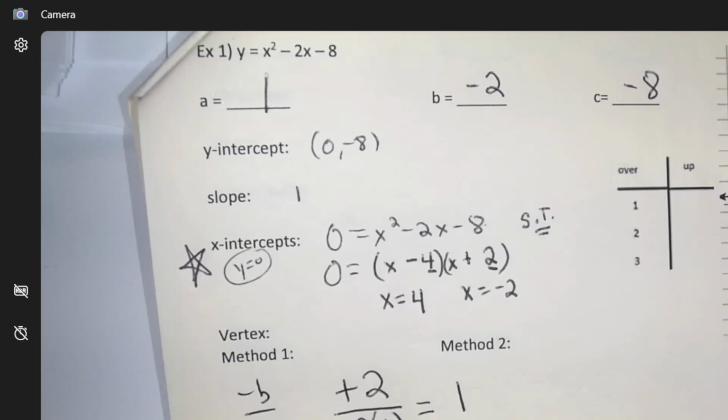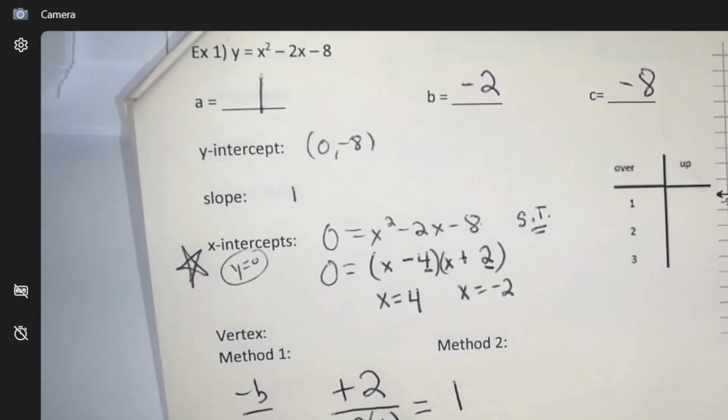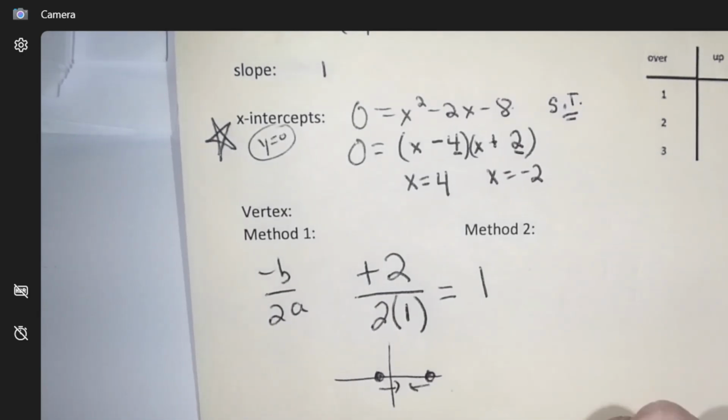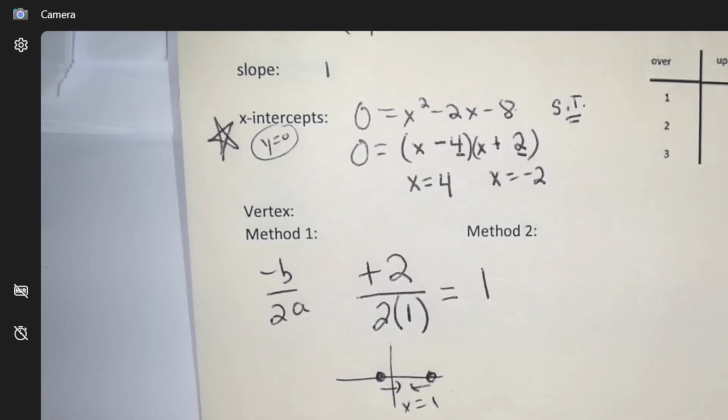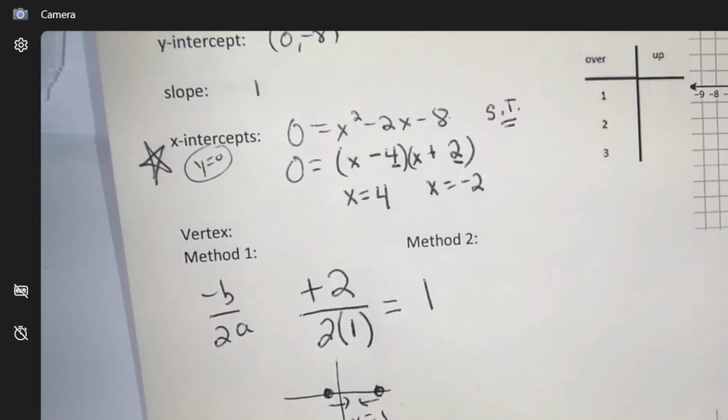Guess what else you just did? Halfway was 1. See how we got to the same thing? Negative b over 2a, or we discovered that also halfway in the middle.